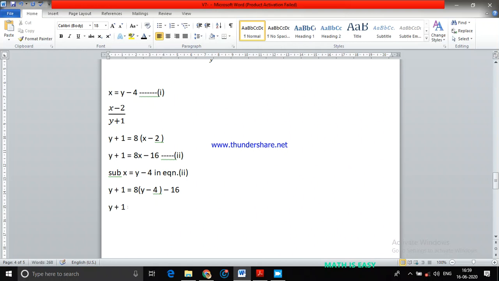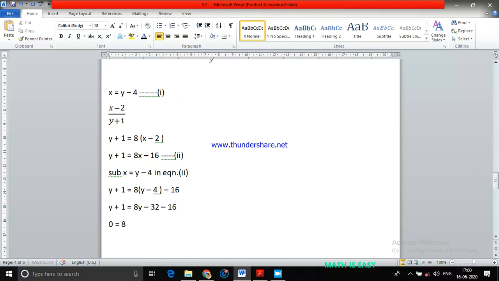y plus 1 will be equal to, if I open the bracket, 8y minus 8 times 4 is 32, and then minus 16 will be there. So y plus 1 equals, instead of writing it like this, I bring all the terms to the right hand side. If I bring all the terms to the right hand side, on the left hand side only 0 will be left.